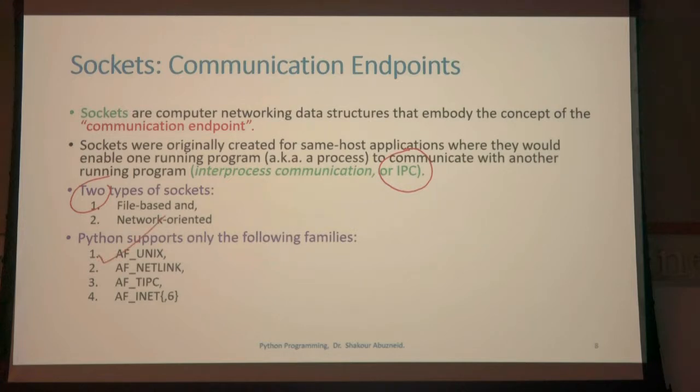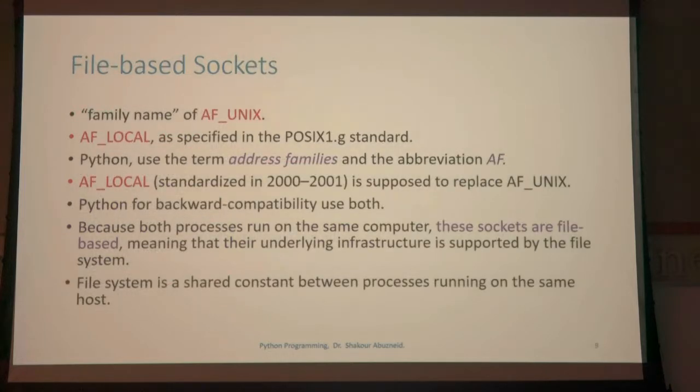So the basic one is address family Unix, then address family netlink, transparent IPC, inter-process communication, and for IPv6 it will use AF_INET6. Anyways, in the file-based, the family name usually is AF_UNIX or local, and these are both supported by Python. It supports AF_UNIX for backward compatibility.